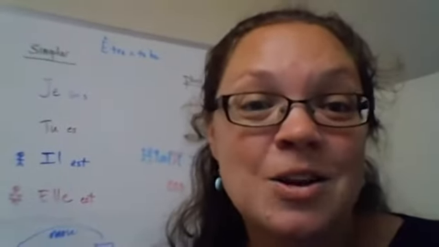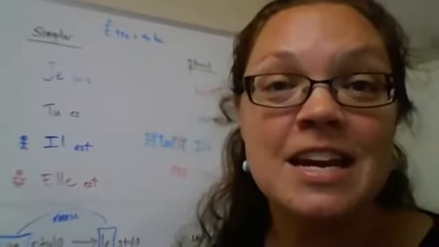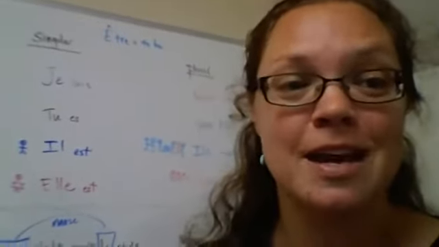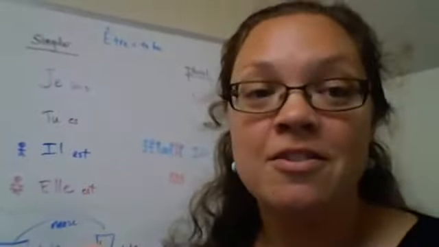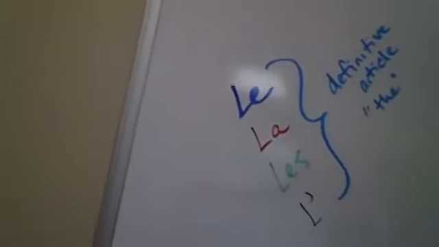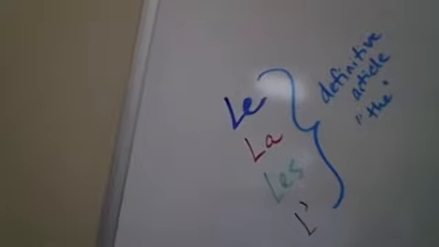So there's one new major grammar concept this week. It is the definite article, which is a fancy way of saying, how do you translate the word the? In French, this is le, la and les, or sometimes l'. Let me go into this.